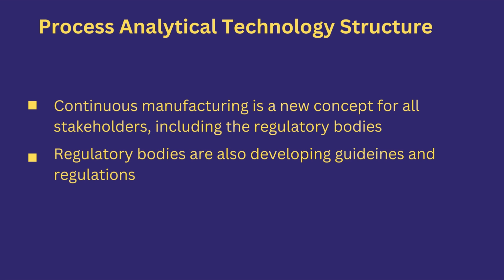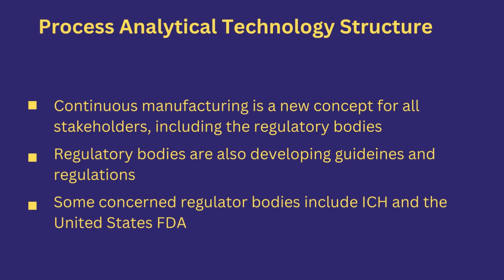Like other stakeholders, regulatory bodies are also developing guidelines and updating their regulations to make sure that the product from continuous manufacturing is safe for human consumption and can deliver the desired therapeutic effects. The regulatory bodies are busy providing guidelines for continuous manufacturing. For the pharma industry, these include ICH and the United States FDA.